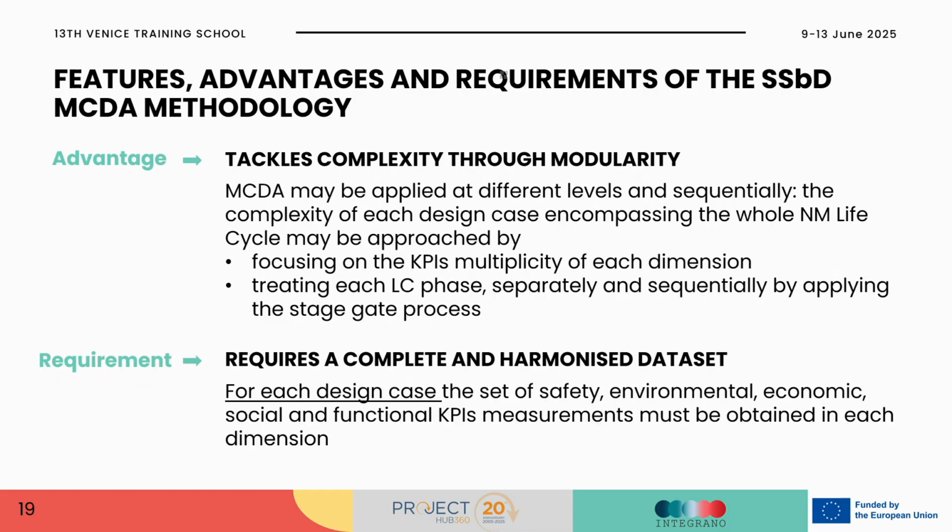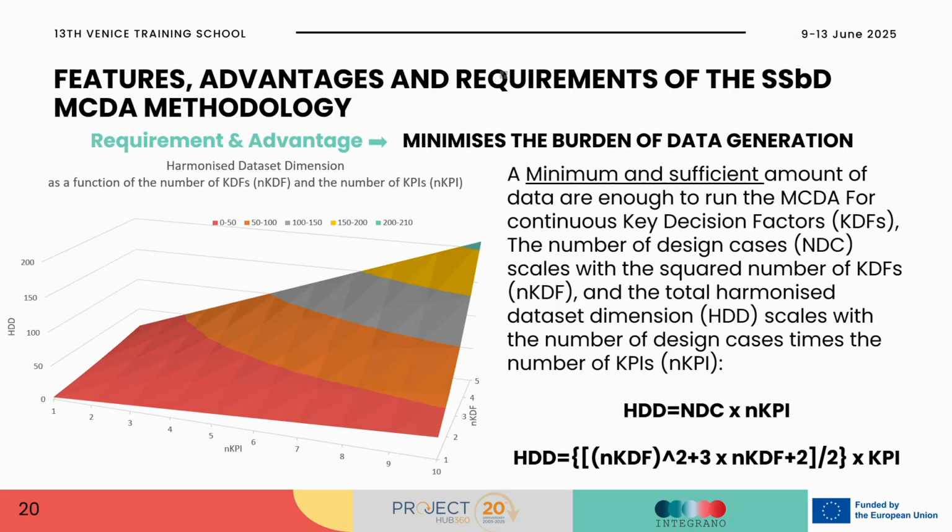Another important thing is that we have to tackle complexity through modularity, and this requires, recalling the EuMINE presentation yesterday, a harmonized, FAIR and harmonized data set. This approach implies the definition of key decision factors, which are design options, and key performance indicators.